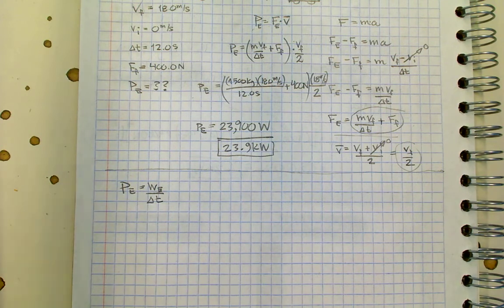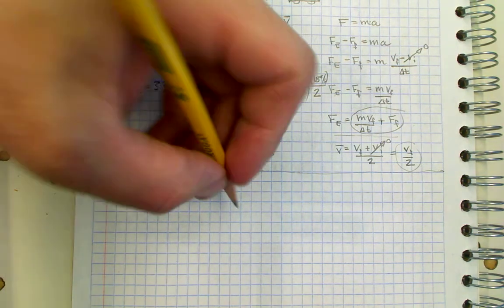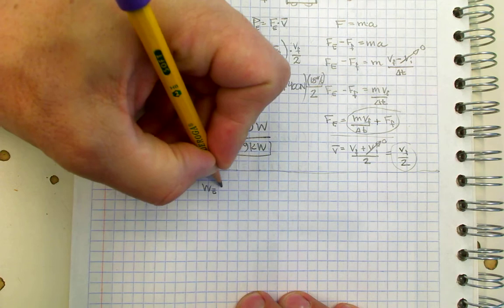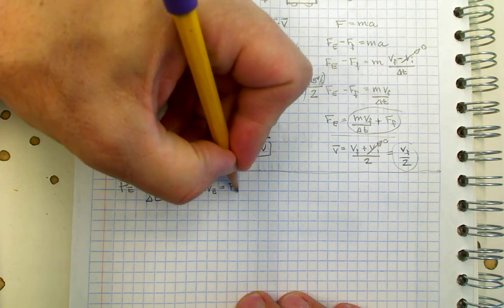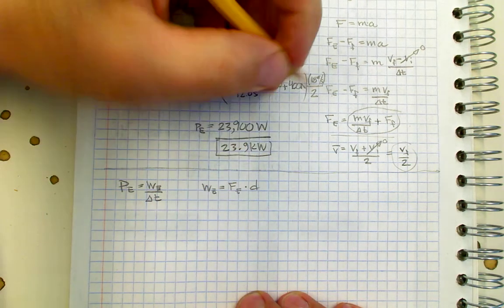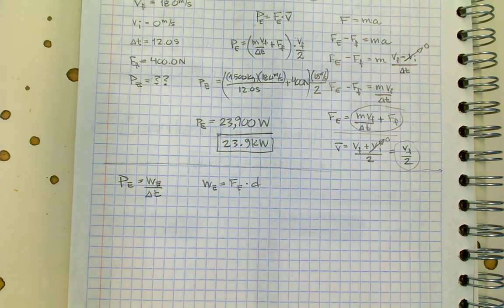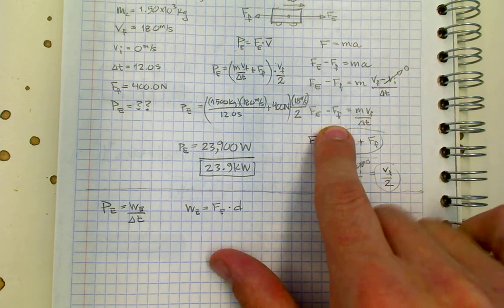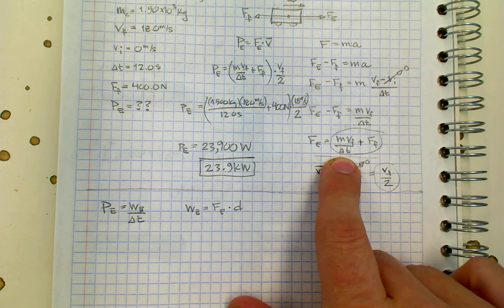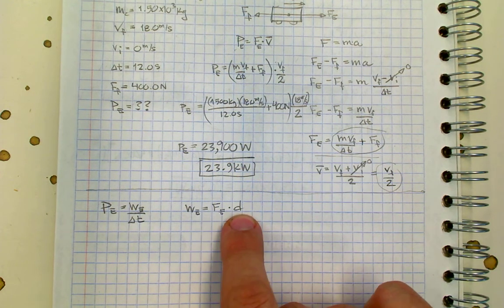And that's great. Remember, the work done by the engine is going to be W equals F times D, the force of the engine times the distance over which it did that force. And we got the engine force already. We figured that out right here. That's the force of the engine. So I'm not going to do that again.